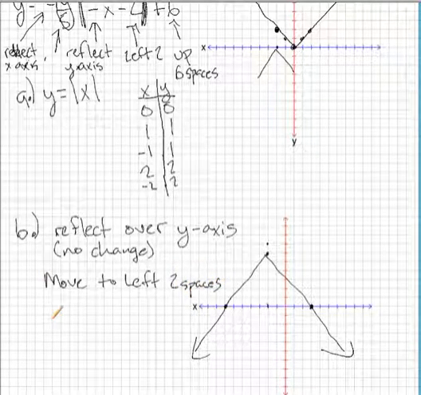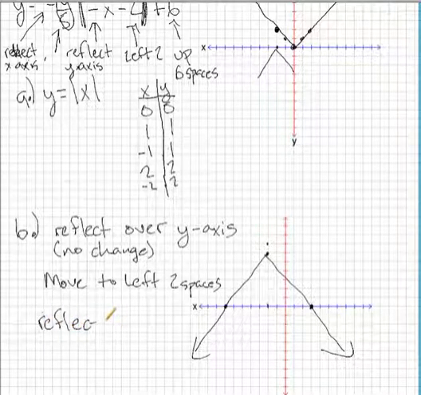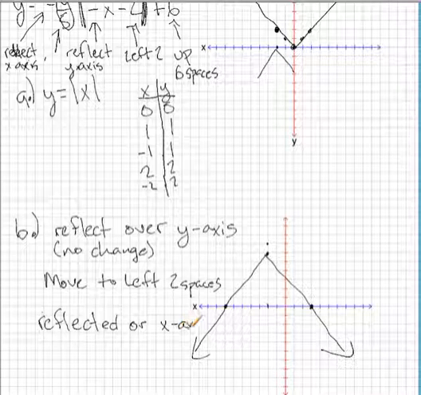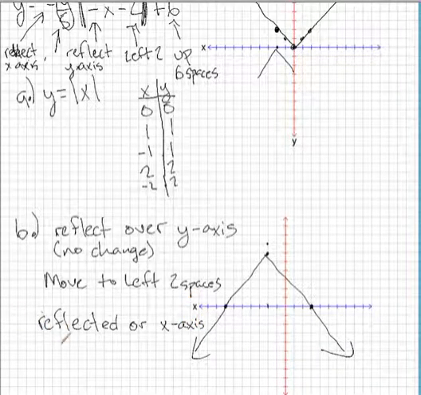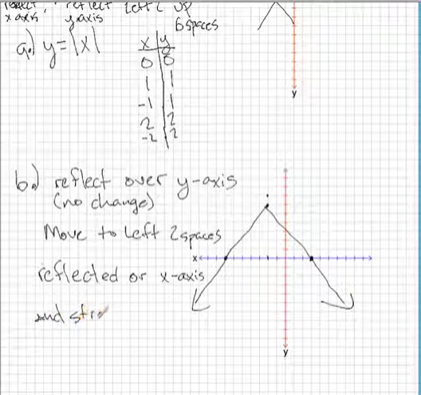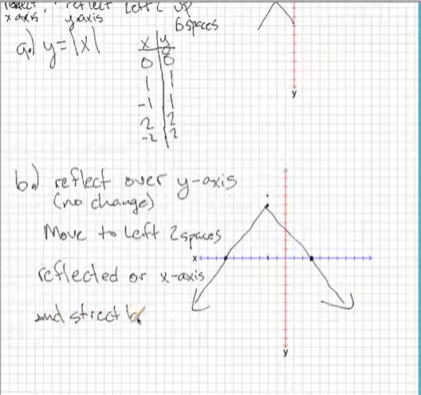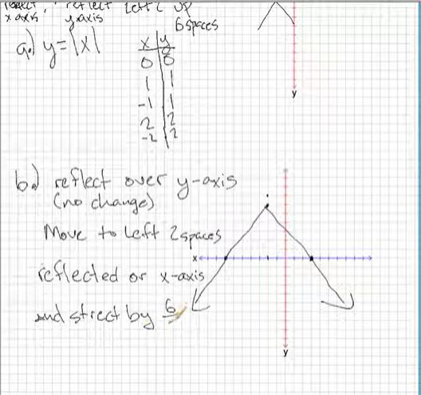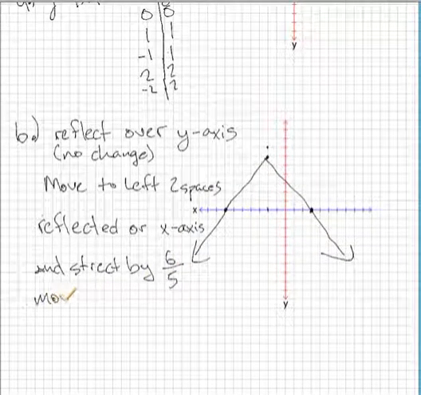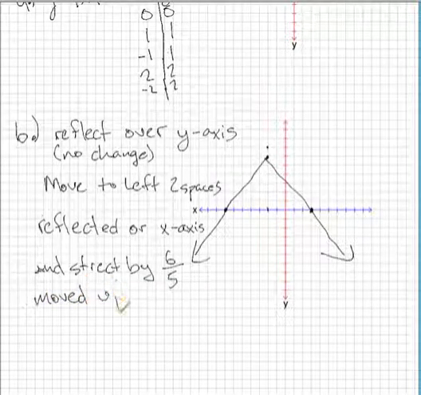Then we reflected over the x-axis, and stretched by 6/5. And then finally, move up 6 spaces.